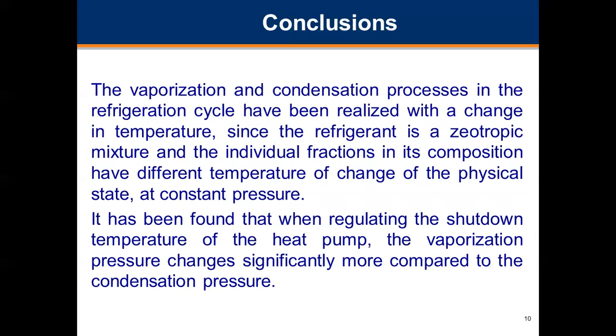As a conclusion, it can be said that the vaporization and condensation processes in the refrigeration cycle have been realized with a change in temperature, since the refrigerant is a zeotropic mixture and the individual fractions in its composition have different temperatures of change of the physical state at constant pressure.